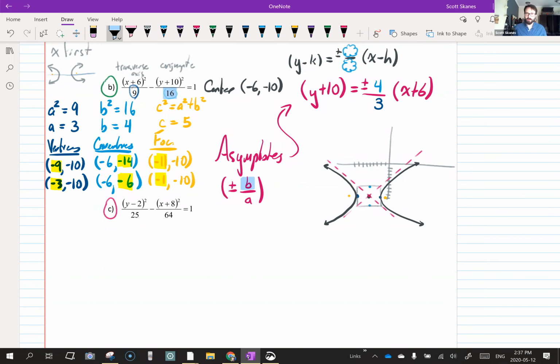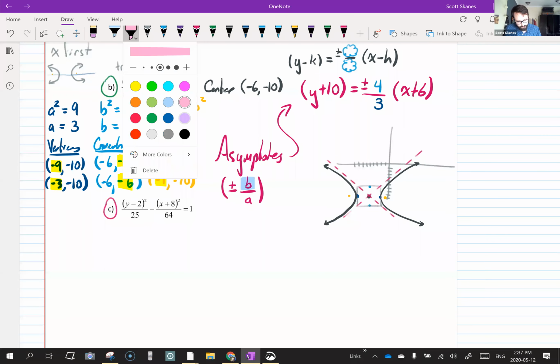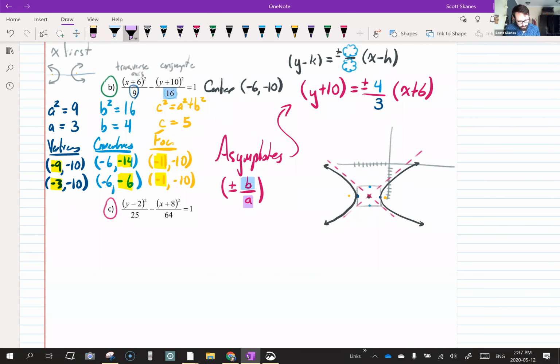Go up, and you have rise. Up is related to y. Run is in your x direction. So the rise is the number underneath that, or the square root of it, and the run is the number under the x, the square root of that, a. Of course, it's the square root because what's under it right now is a squared, not a.